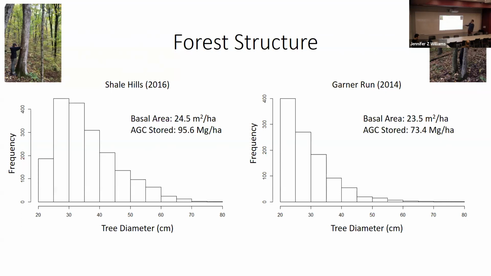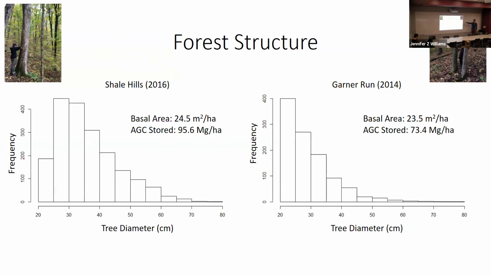This reverse J shape pattern is typical of an uneven-aged or mature forest, where we have a lot of stems in the smaller size classes compared to a smaller portion of large trees out in the landscape. Within Shale Hills and Garner Run, the basal area, which is that metric of tree volume or tree area, is really similar in Shale Hills compared to Garner Run.